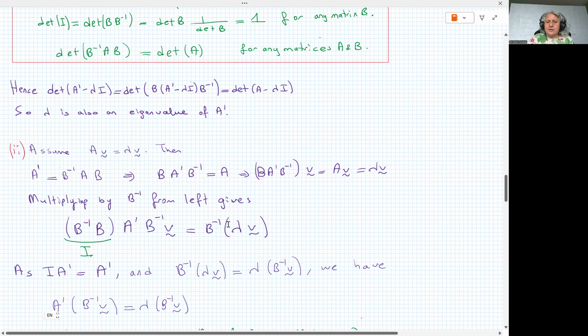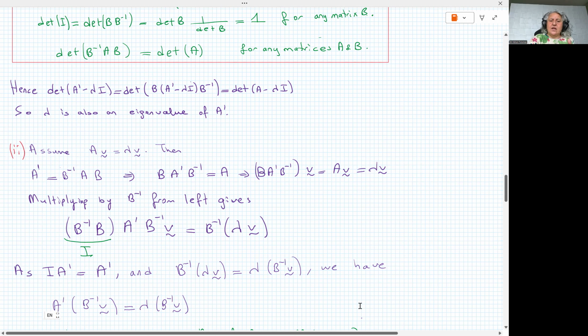And on the other side, I have B inverse, but lambda is just a real number, so it can commute with any matrices. So this equality here will be B inverse lambda V equals lambda B inverse V. So altogether, I have A prime here, I have B inverse V here as it is, and I have lambda here, and I have B inverse V here.